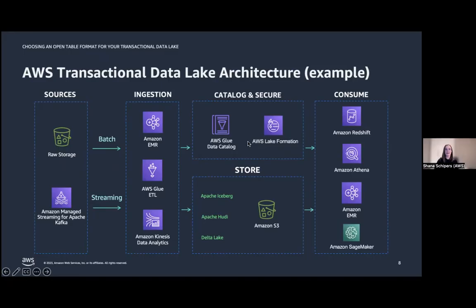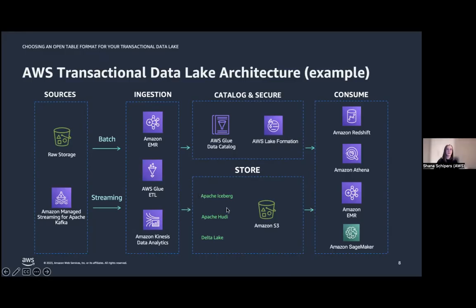You catalog and secure your data with fine-grained access control, still with the same AWS services or third-party tools, if you wish. And you still have that flexibility of adding consumers for different use cases, allowing your consumers or readers to choose their tool of choice, what best fits their needs. And in the middle, you have your storage layer, your data lake, still on Amazon S3 as you would otherwise.